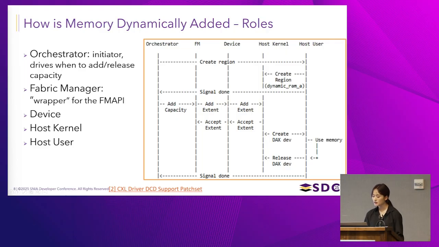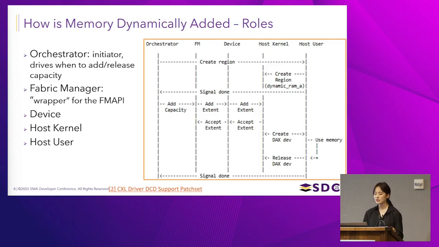But there is a subtle but important distinction, so I'm going to clarify the difference between the role of the manager versus the orchestrator. The orchestrator is actually the driver behind the whole process and decides when to add or release capacity.